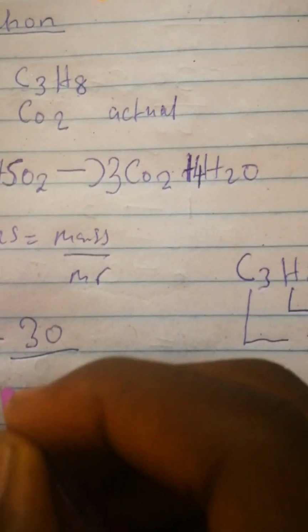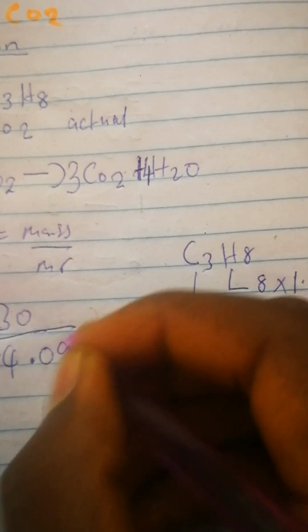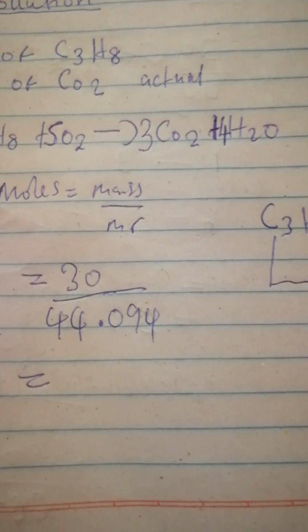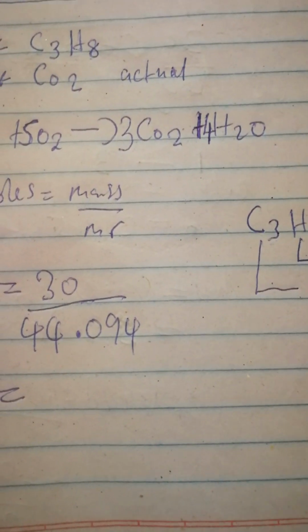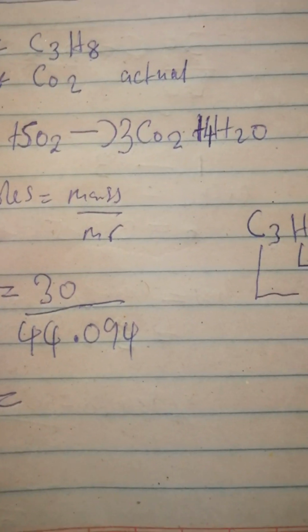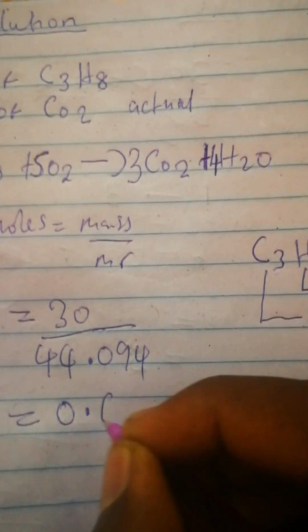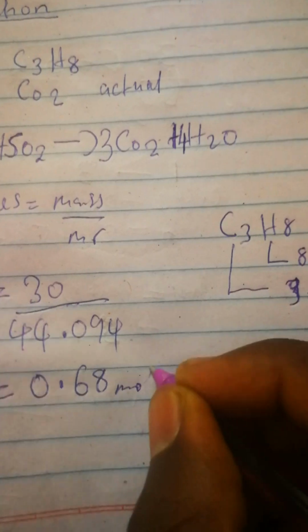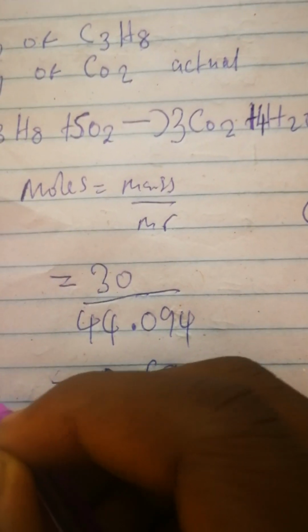Now we replace: 30 divided by 44.094. It gives us 0.68, which is the moles of C3H8.